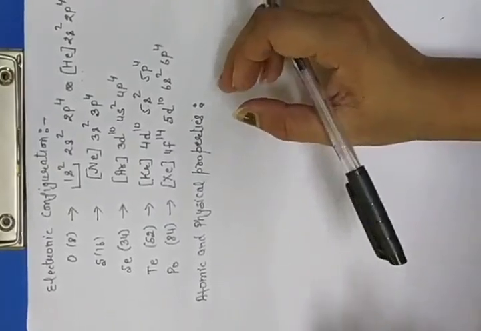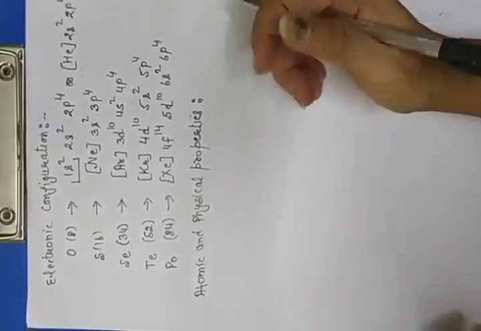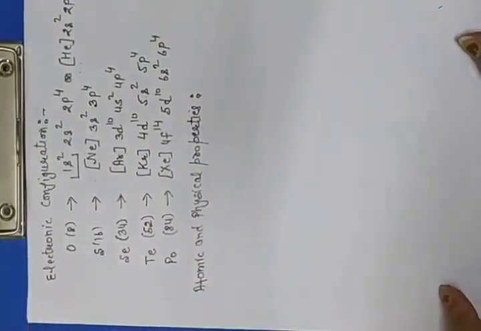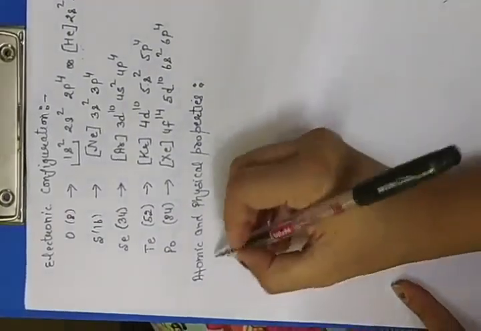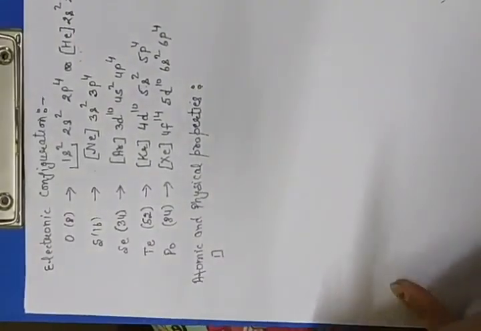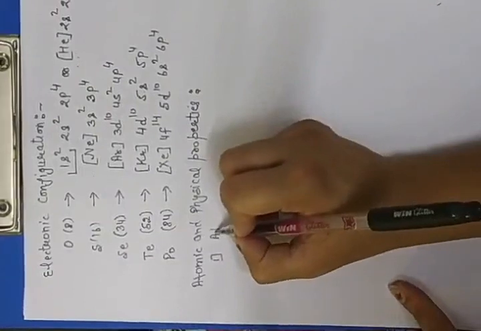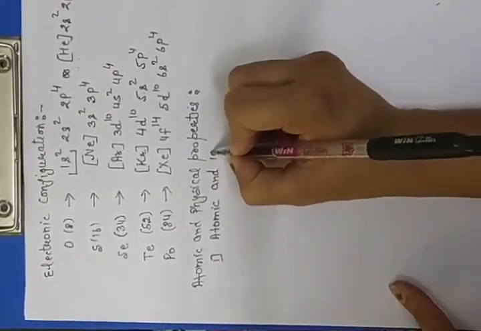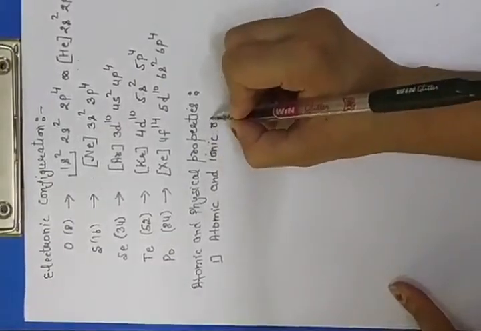Their variation is also the same as discussed in other groups. We here only focus on exceptions where they come. So, starting with the first property, that is atomic and ionic radii.